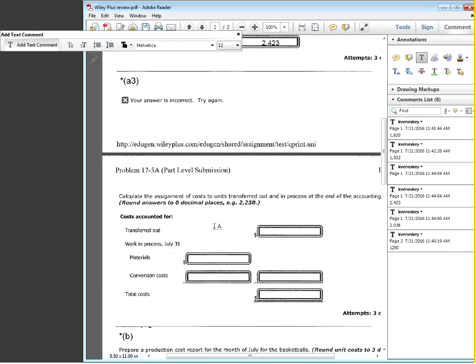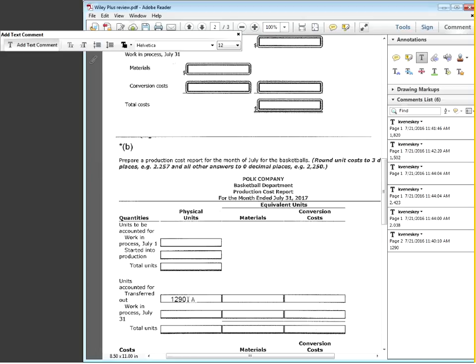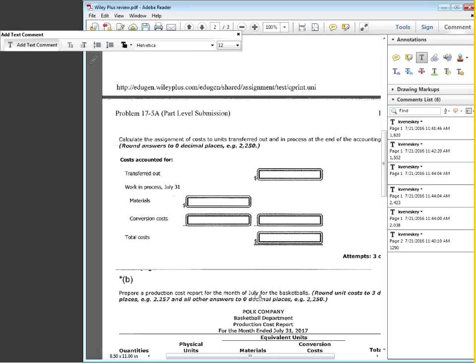Now we can begin to actually decide how much cost was transferred out, how much cost I still have in my work in process that needs to be moved into next month, and the total cost for the month. So let's look at this. Transferred out costs. Well, I already determined that I had 1,290 items transferred out.